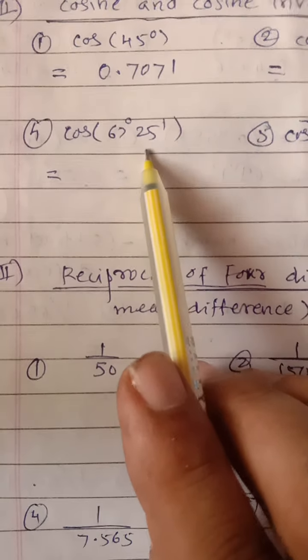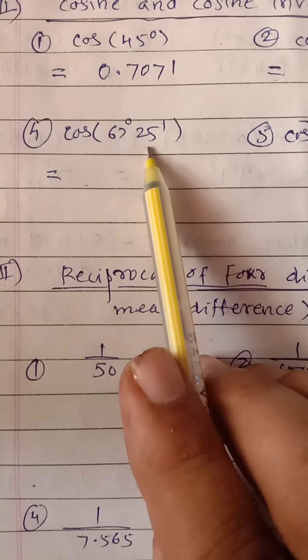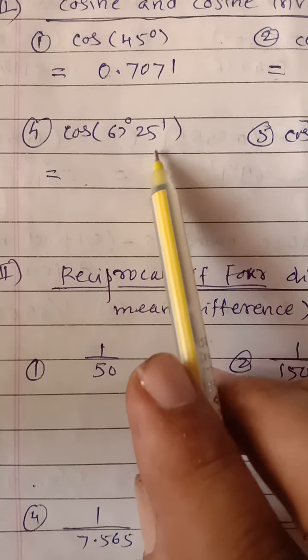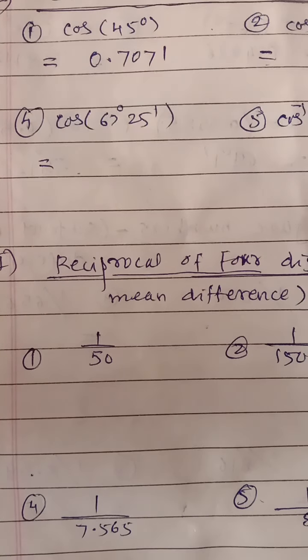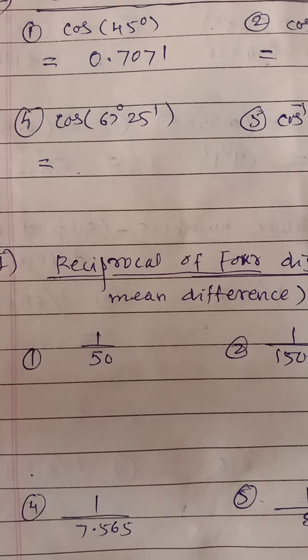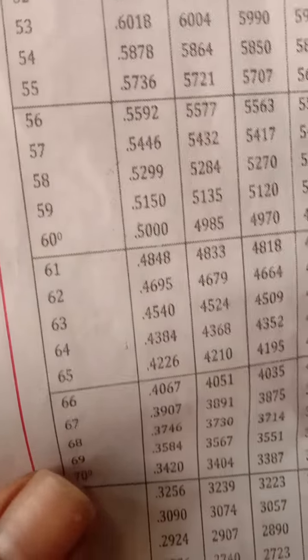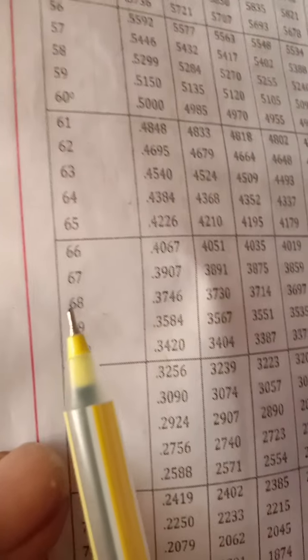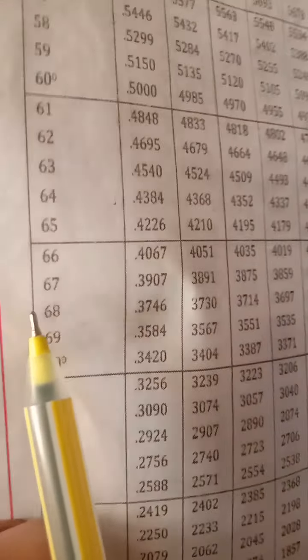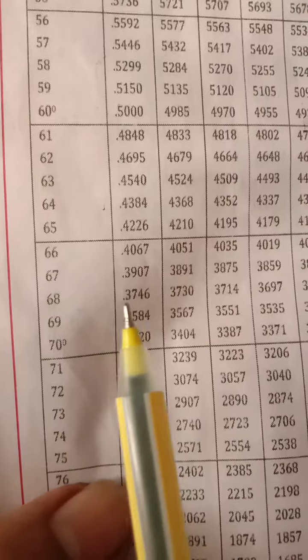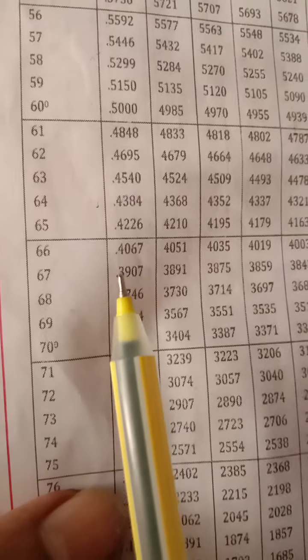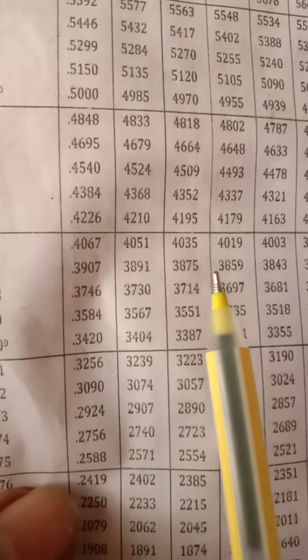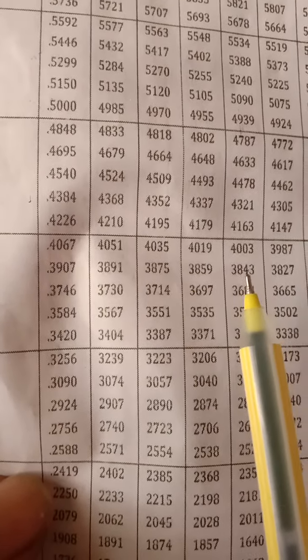Then we will have to move to 24 minutes, and the 1 minute mean difference we will have to subtract from it. So for this 67 degree we proceed as for 0, then 6, 12, 18 and 24.